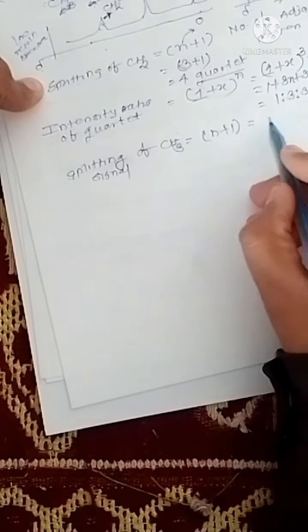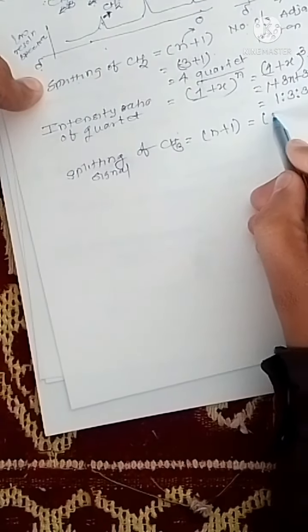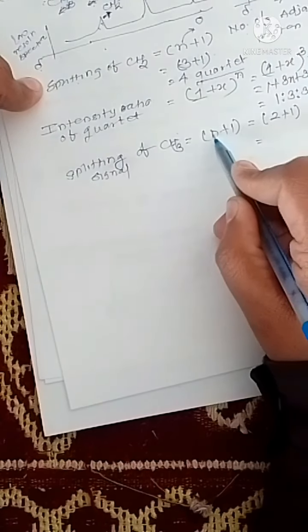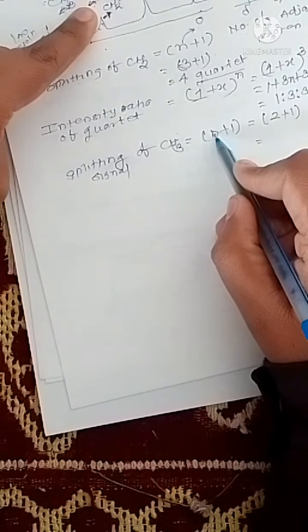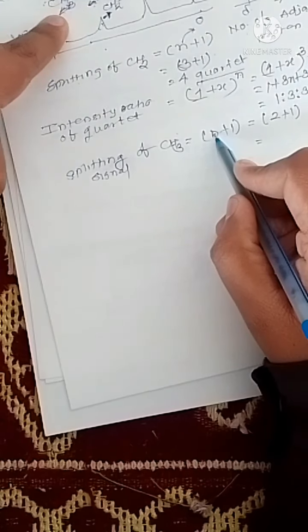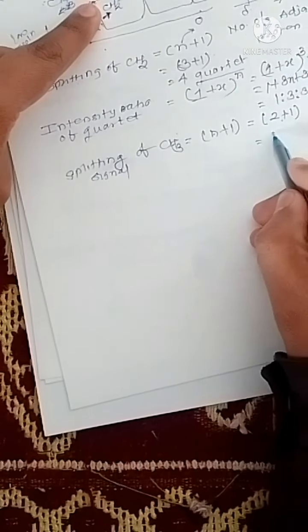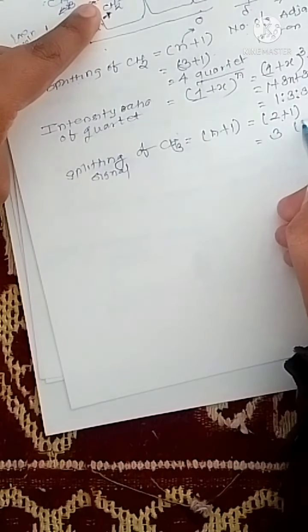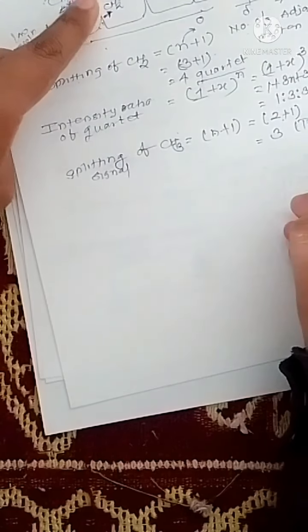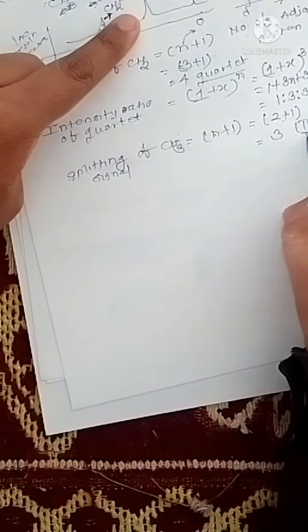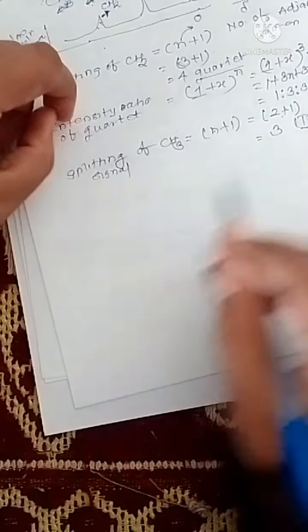The adjacent number of protons for this CH3 is 2. So 2 plus 1 is 3. It is simply known as a triplet. It means that this CH3 signal is split into 3 microsignals.